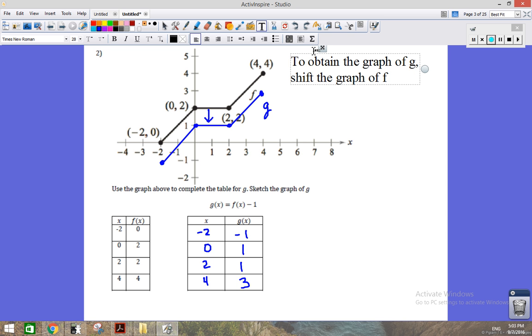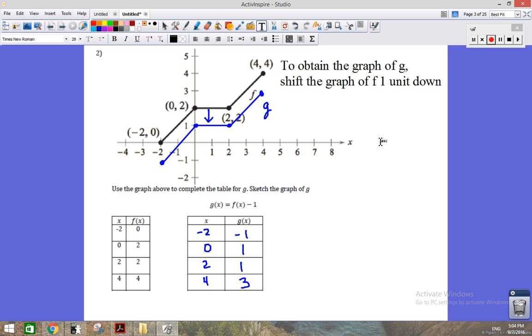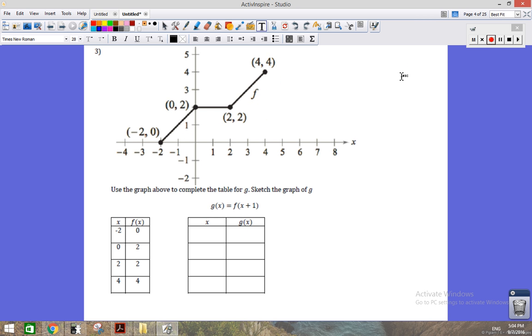We shift the graph of f down 1 unit, or one unit down. Alright, and we're done with that. Let's move on to the next one.